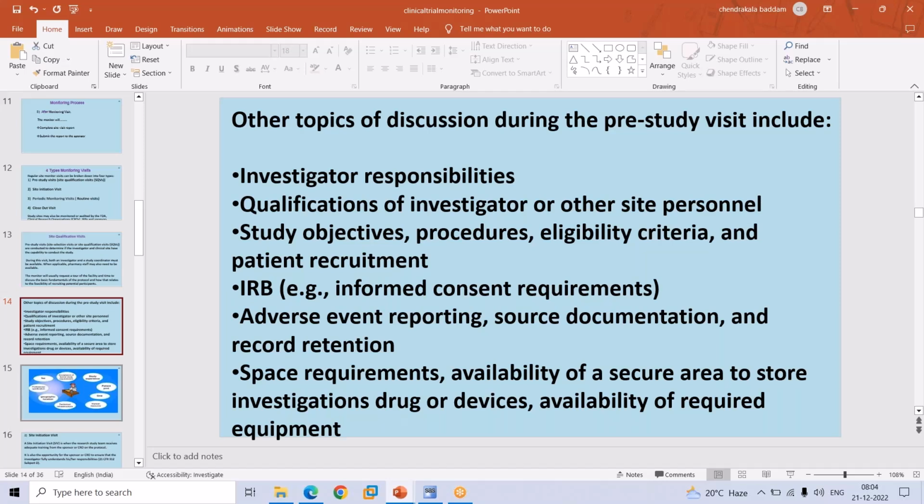The CRA will also check the other site persons' responsibilities and qualifications. They check the study objective, study procedures, and the patient eligibility criteria. They also check patient recruitment procedures. These are all things you will get in the protocol only.